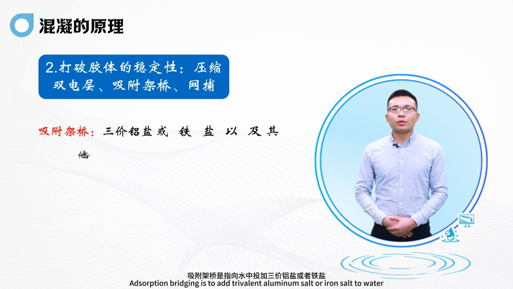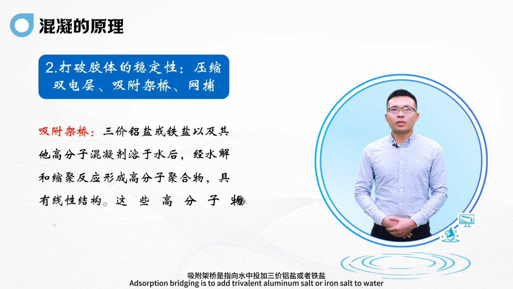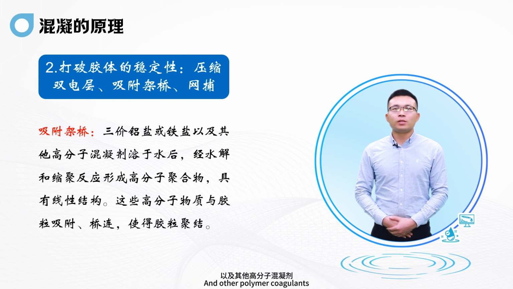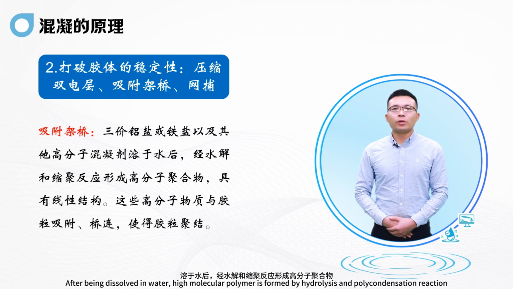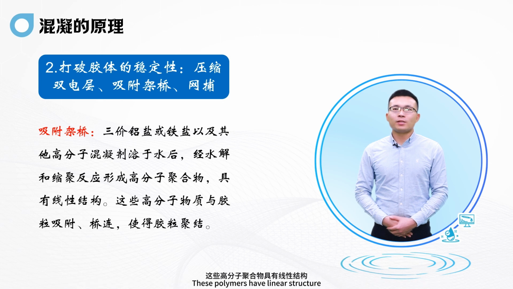Adsorption bridging is to add trivalent aluminum salt or iron salt to water, and other polymer coagulants. After being dissolved in water, high molecular polymers are formed by hydrolysis and polycondensation reactions. These polymers have a linear structure. They adsorb and bridge with colloidal particles to make colloidal particles coalesce.